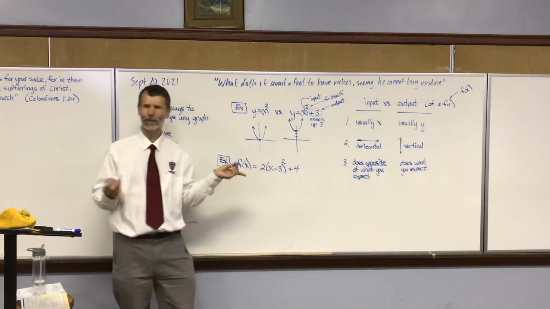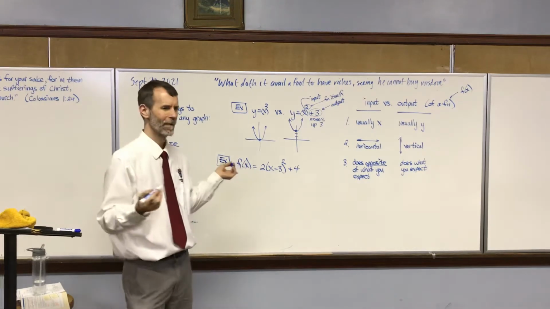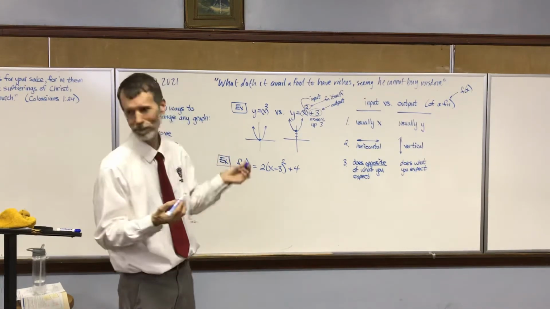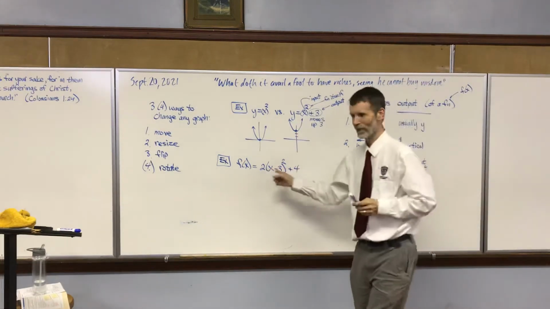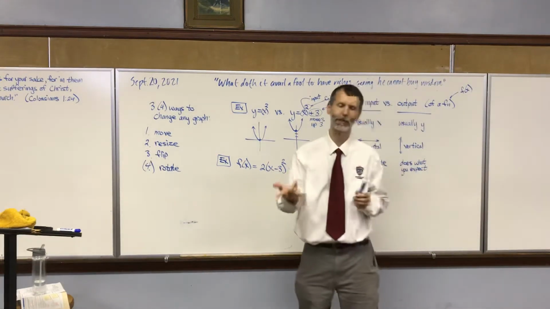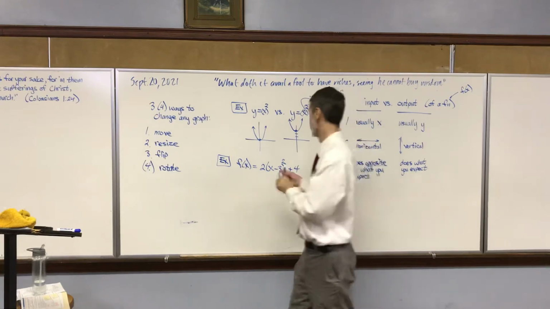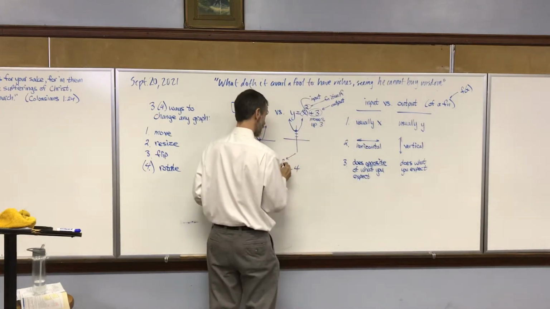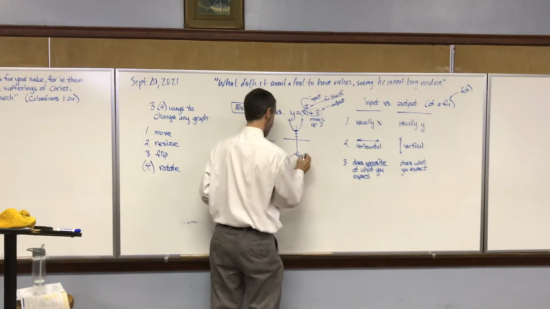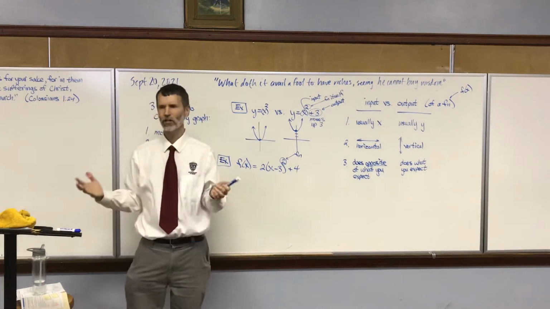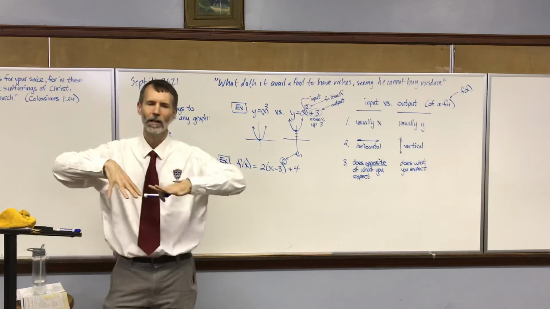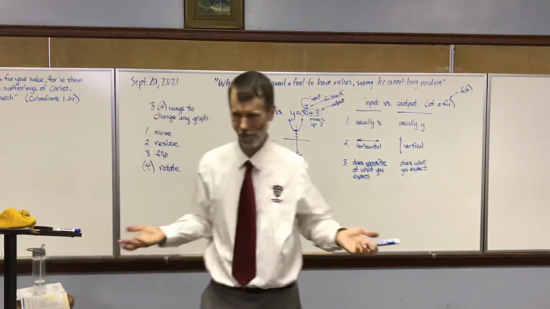Can anybody tell me what shape that's going to be? What shape is this going to be if I graph it? Parabola. What told you that? Squared. The fact that it's squared, this is the function itself. Now the question is, is anything inside the square and is anything outside the square?